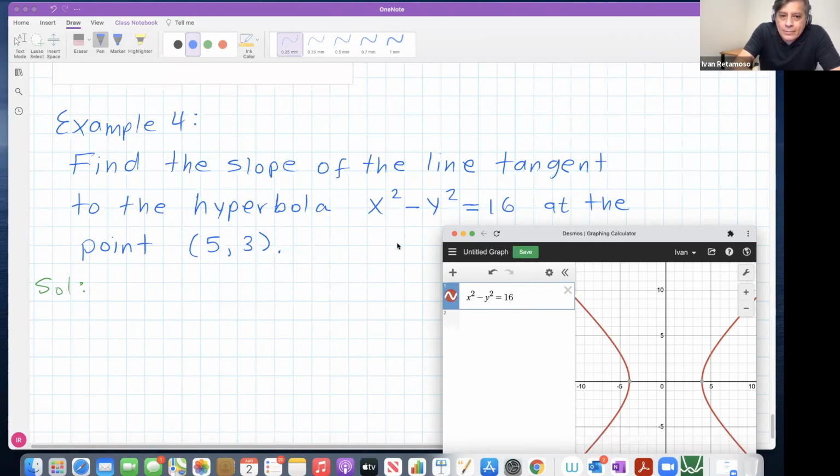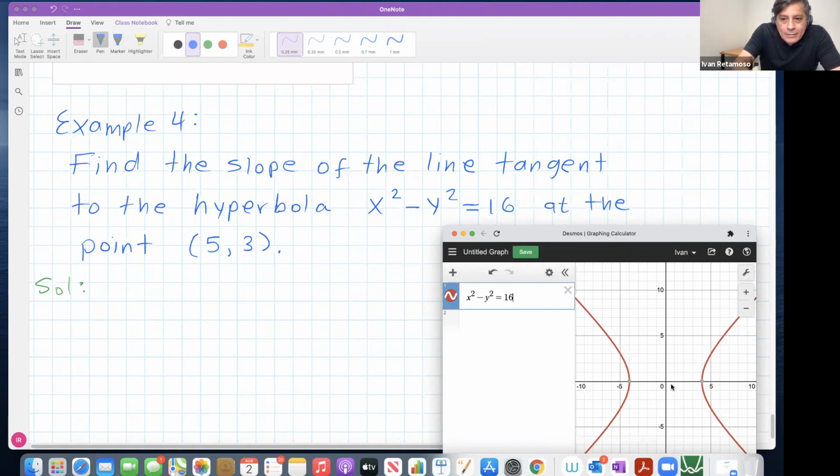What they're asking you here is to figure out the equation of the tangent line at this point, (5, 3). 5 is here on the right, 3 is here up, so you can draw a tangent line here. And what they are asking you is the slope of that tangent line. You follow, guys?